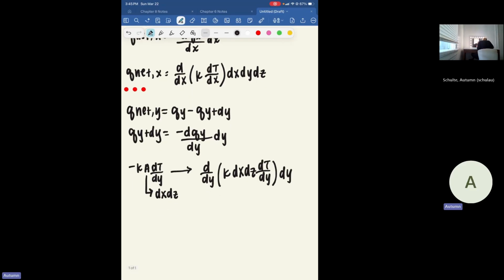Once again, we can take out dx and dz as those are not dependent on y. So we're going to have the derivative with respect to y multiplied by the thermal conductivity times the change in temperature with respect to y multiplied by dx dy dz.